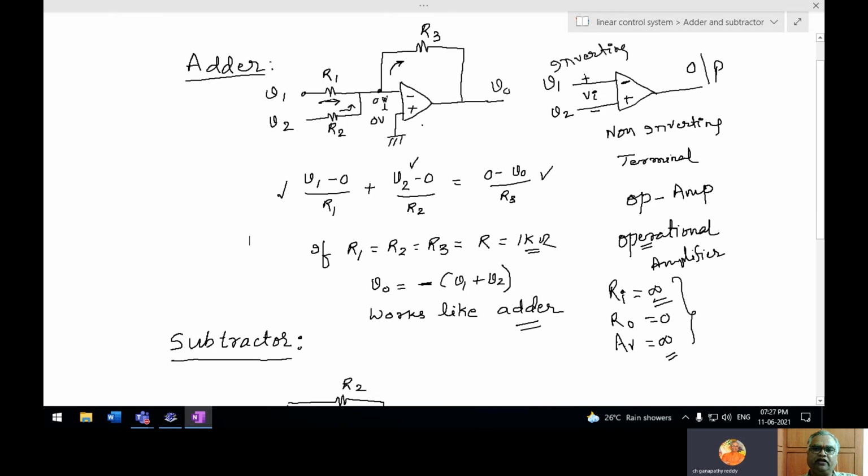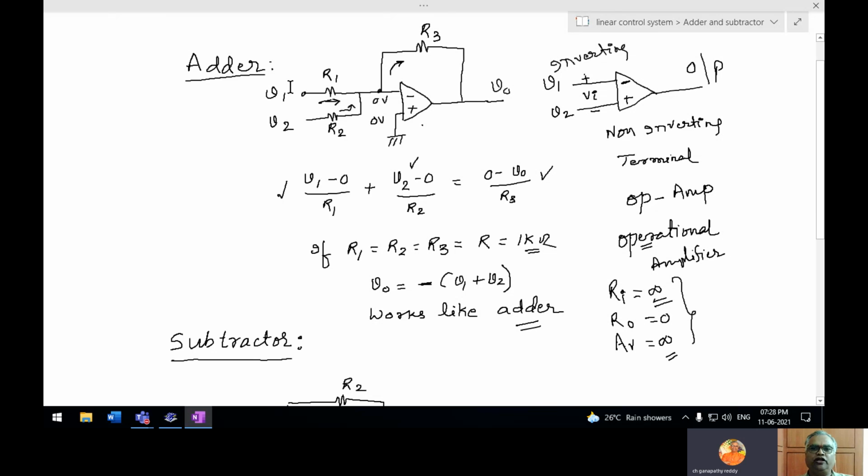That phenomenon is called a virtual short. So the 0 will jump here as 0 only. That is possible because of infinite gain and infinite input resistance. The further details, the regular theory teacher will take care of. So I am only explaining the virtual short effect. Because positive is connected to 0, the negative terminal also becomes 0, due to virtual short.